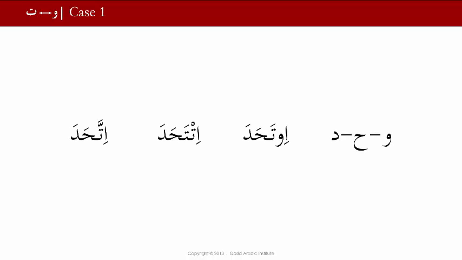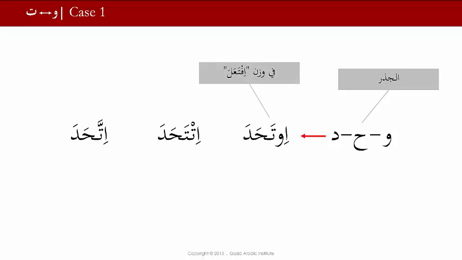Let's look at the first case in which waw conflicts with the ta. So here we have a root, waw, ha, dal. This is our jadr. And if we put it into the pattern ifta'ala, we get iwtahada. This is on the pattern ifta'ala.